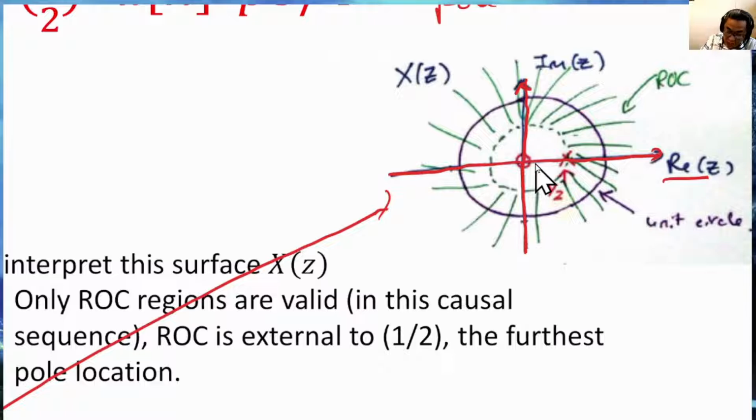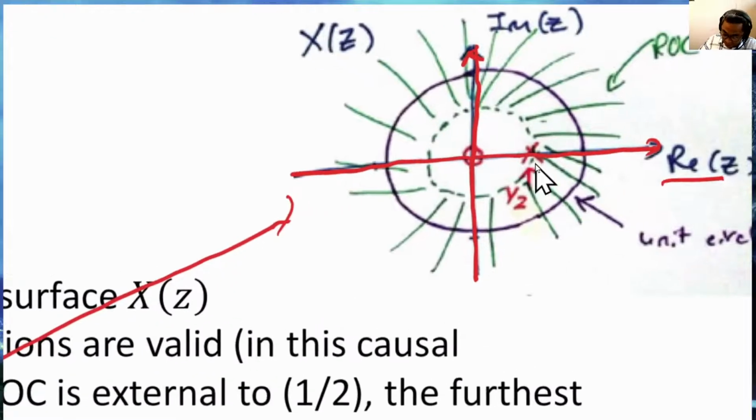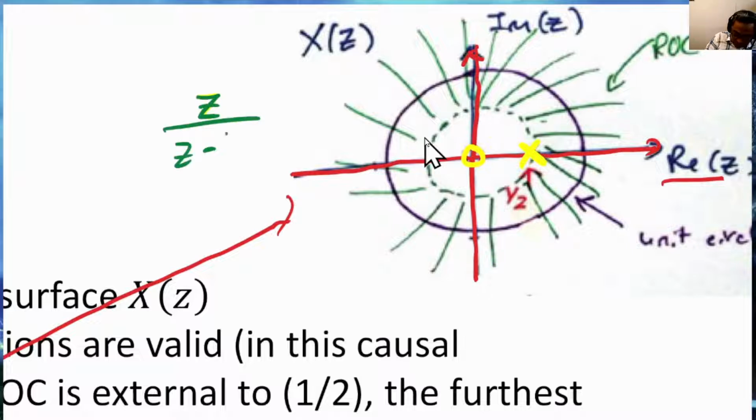How so? Well, let's plot where the pole is. The pole is at half plus j0. So we go to half plus j0 and draw a cross exactly there. And when z is equal to 0, we'll draw a 0 there, because this is z over z minus half.